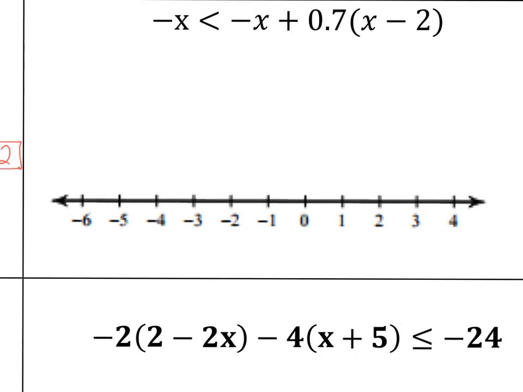Okay, and for this one, let's first simplify the right-hand side. You need to distribute the 0.7 into x minus 2. 0.7 times -2 gives you -1.4. Now I'm going to combine like terms.